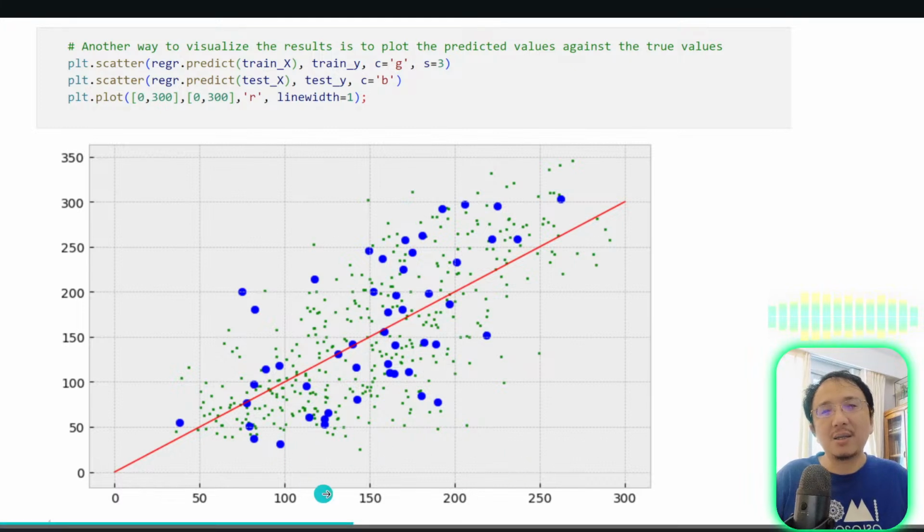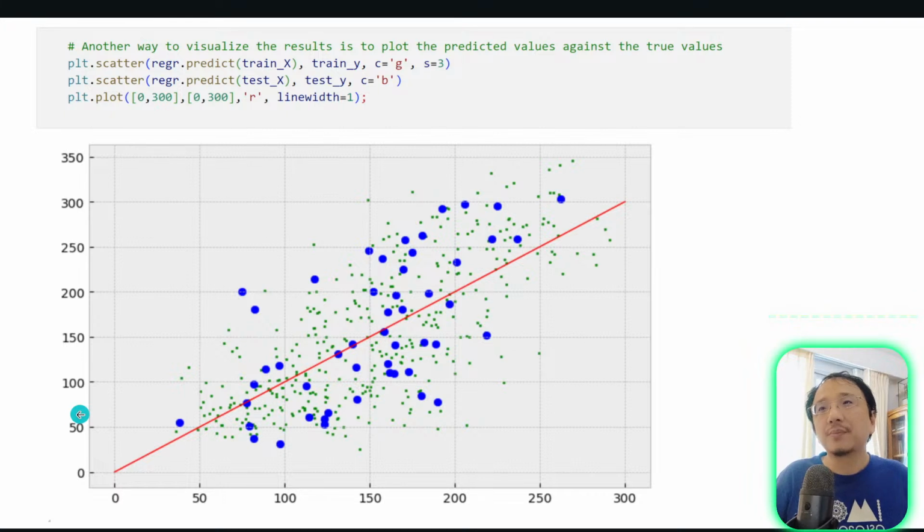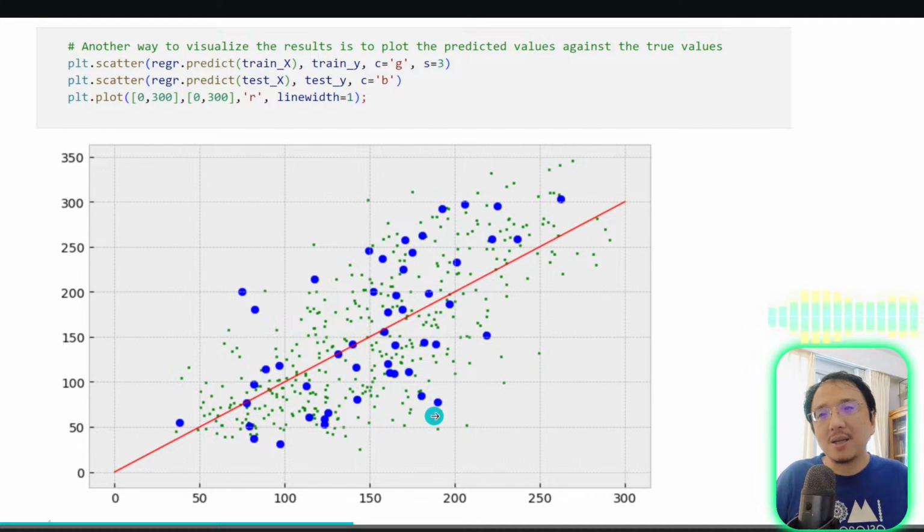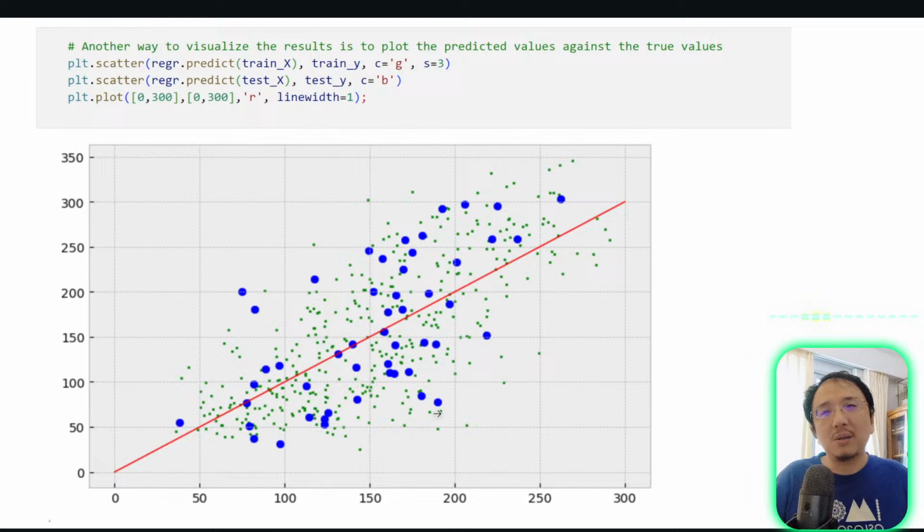So now you can see the prediction. For example, this guy means the actual value is like 75, and our prediction is maybe 180. So this prediction is definitely off. But it serves as a pretty good example to explain what this graph means.